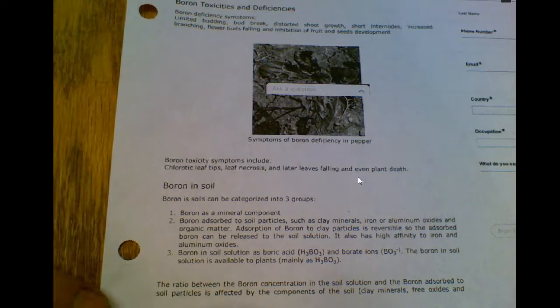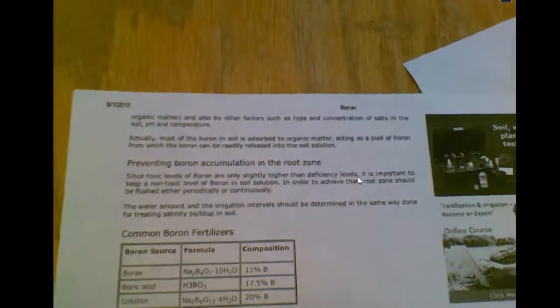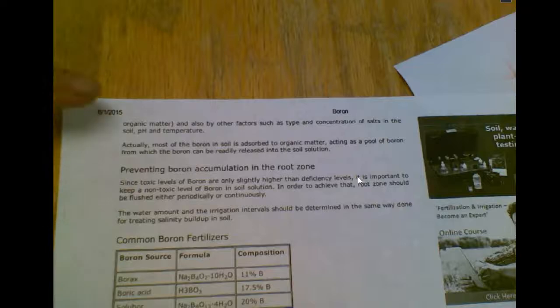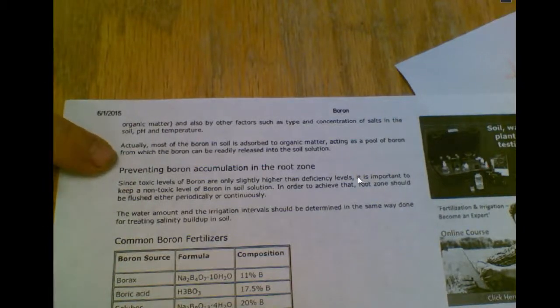So the ratio between the boron concentration in the soil solution and the boron adsorbed to the soil particles is affected by the components in the soil, which is no big surprise. Clay minerals, free oxides. Okay, so the soil types. So most of the boron in soil is adsorbed to organic matter, acting as a pool of boron, so it can be readily released.